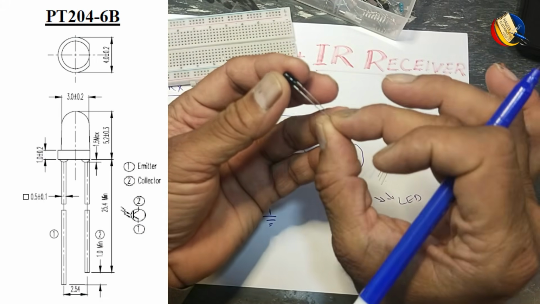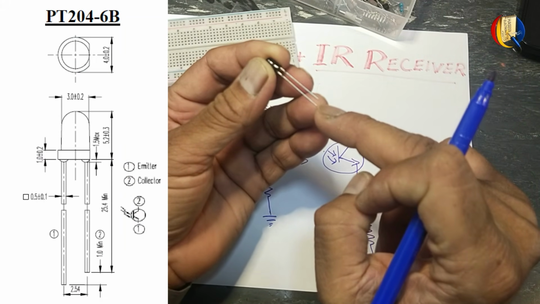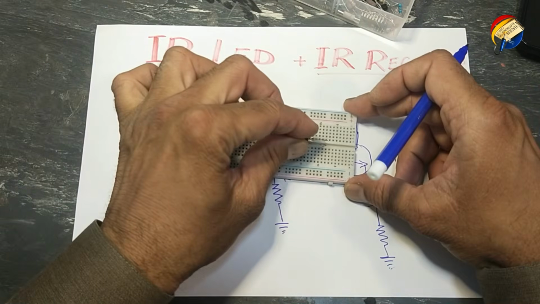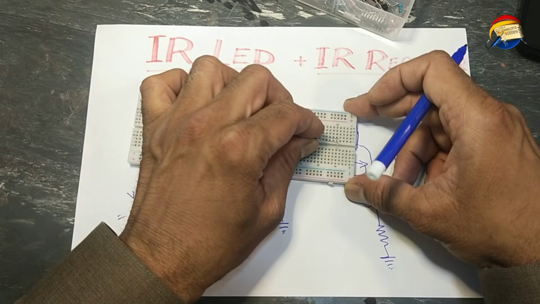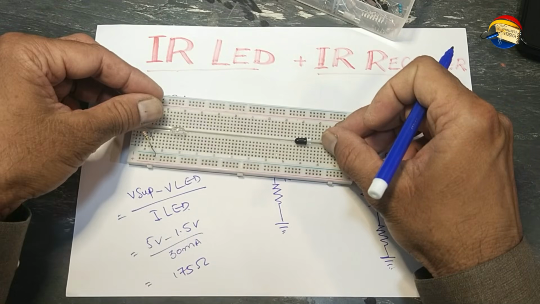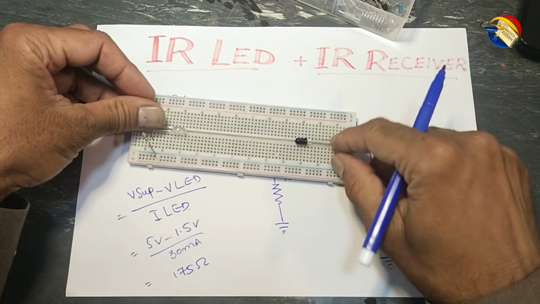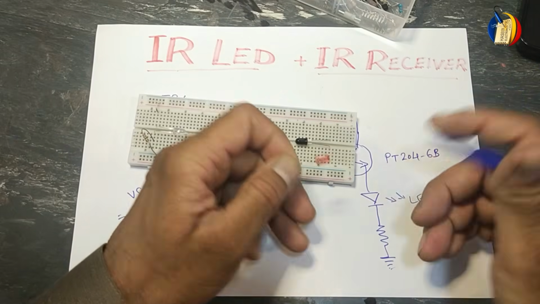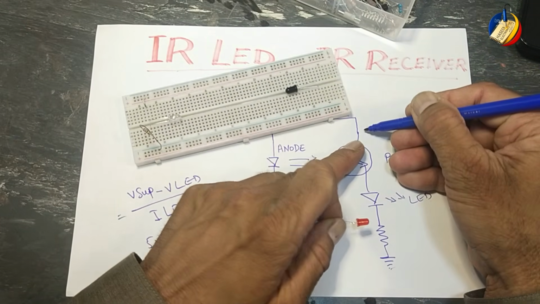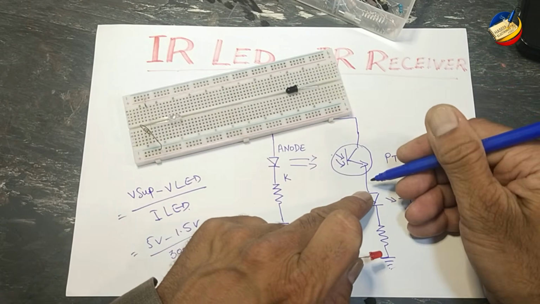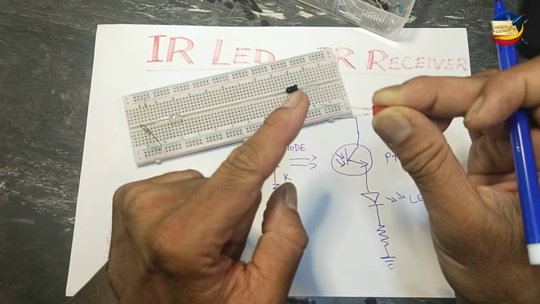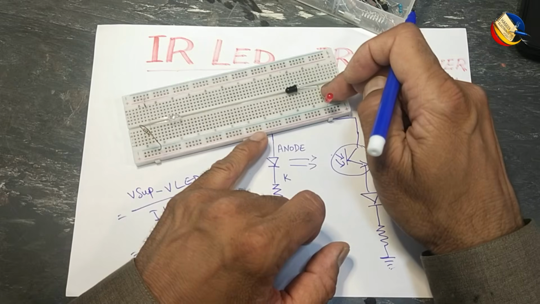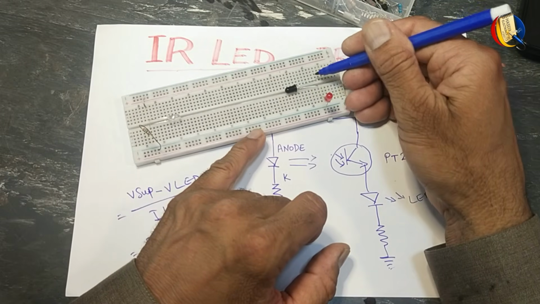In this phototransistor, the long lead is the emitter pin, the short lead is the collector pin. Collector will be connected to the positive side. Now both components are facing each other. Long lead goes with long lead, short lead here.